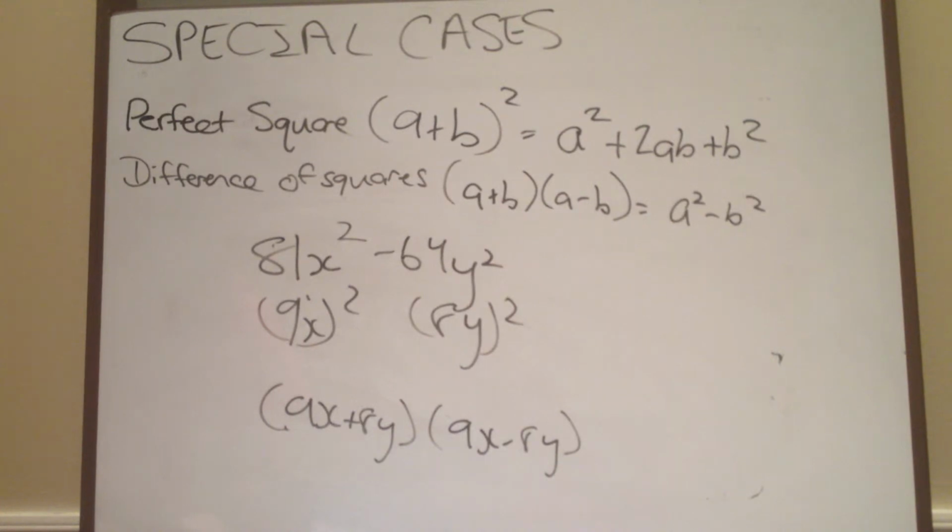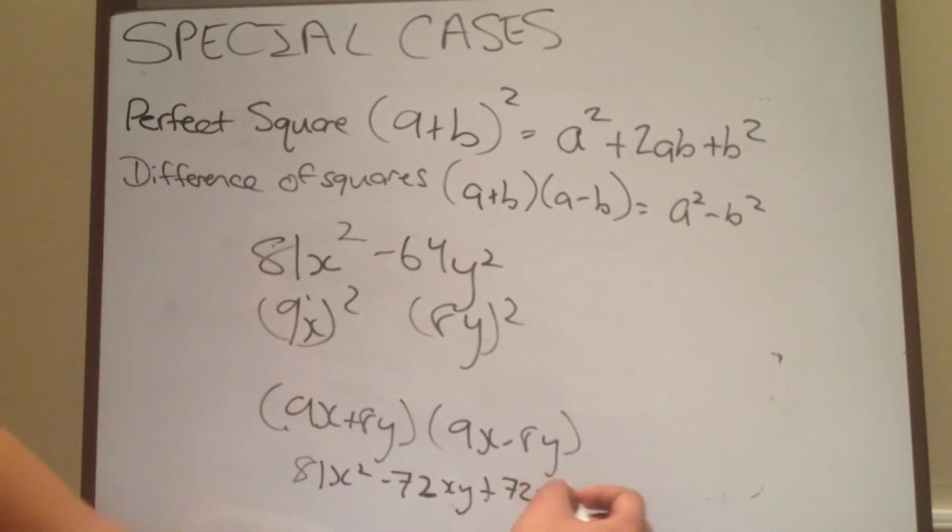And all you would have to do to see if it was right is expand. So 9 times 9 would be 81x squared. 9 times 8 would be negative 72xy. And then 8 times 9 is positive 72xy.